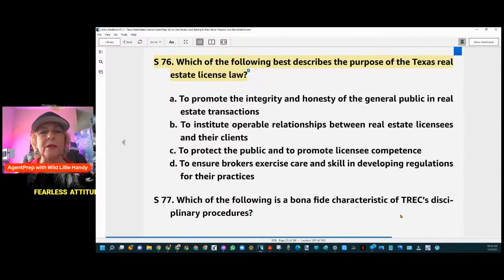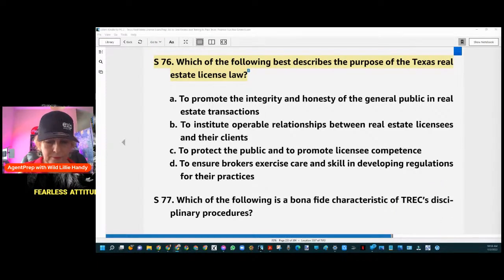So the purpose of Texas real estate law. Right? So it's typically what? To protect the consumer, right?